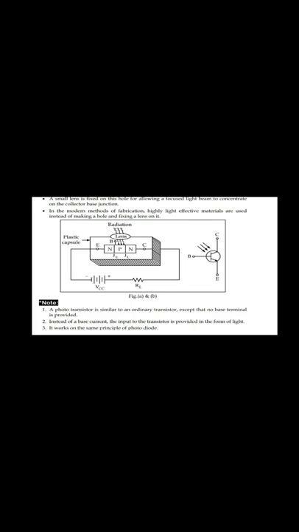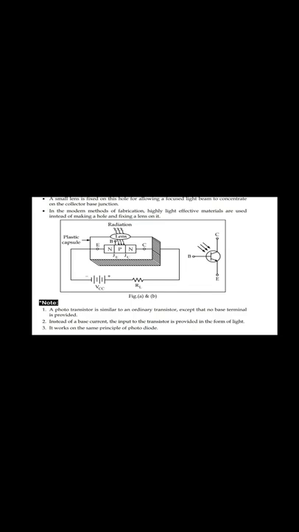A lens focuses the light on the base collector junction JC. Although a phototransistor has three sections, only two leads, the emitter and collector leads, are generally used.